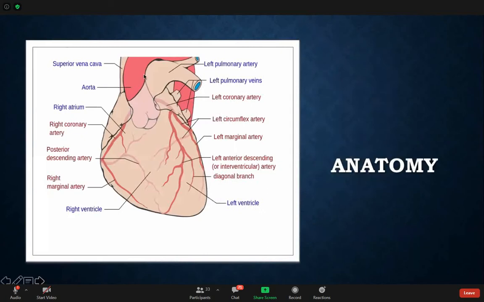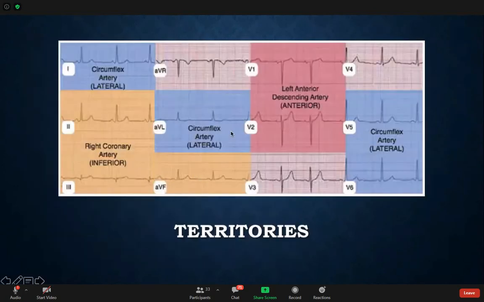As Yusuf said, this is the anatomy of your coronary arteries. Here is your right coronary artery, and here is your left main, which goes to the left descending and left circumflex. Usually, if you have elevation in the anterior leads, it's your left descending artery. If in the lateral leads, it's the left circumflex.